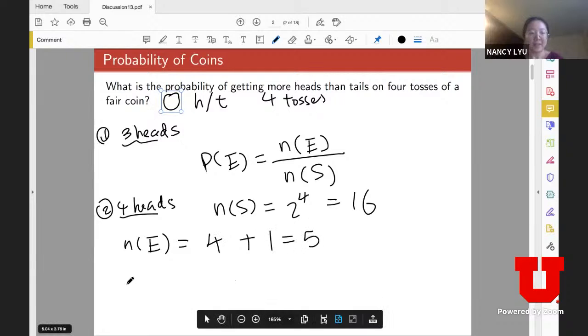Okay. So yes, that's actually correct. Let's just say you have 4 spots for the 4 tosses.